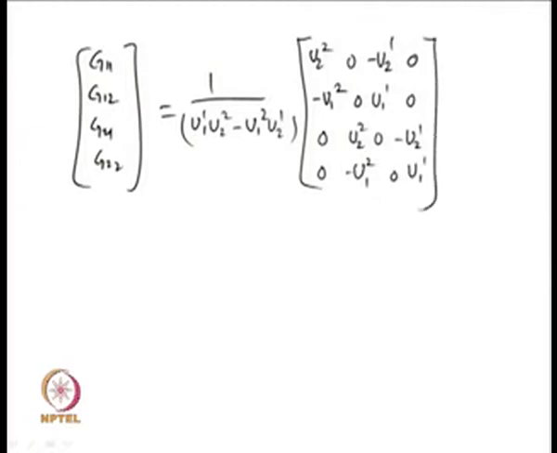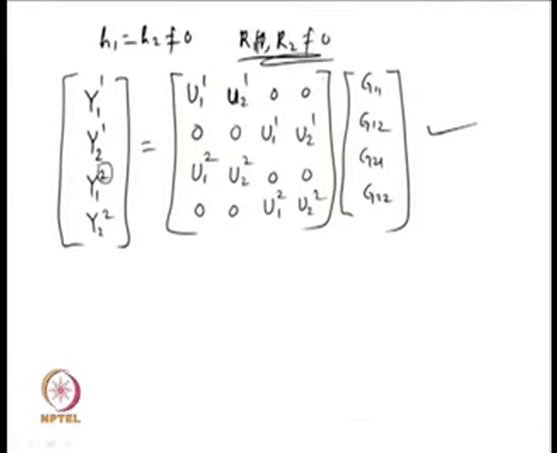So, when you find the matrix inversion of this one, because ultimately, when I write this in the form of G11, G12, G21, G22 equal to, take this to the left hand side.